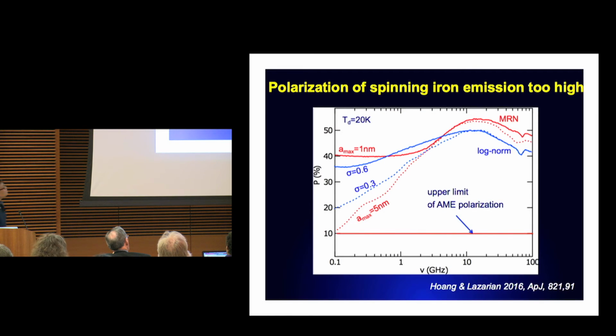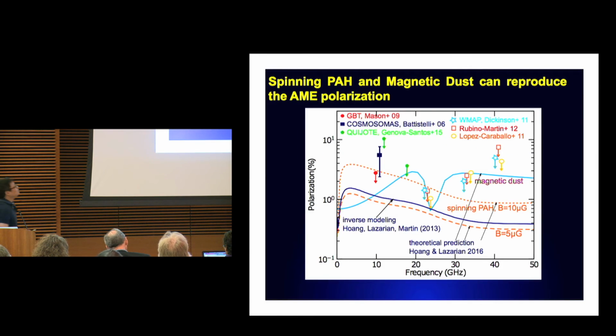Okay, the polarization of spinning iron nanoparticles. Iron nanoparticles have a much larger magnetic susceptibility than spinning silicates, so as a result they produce larger polarization. Now, if we put together the polarization by spinning dust and the polarization by magnetic dust here, and here are observation data, you can see that the polarization from spinning dust and magnetic dust are well within the level of observational data.